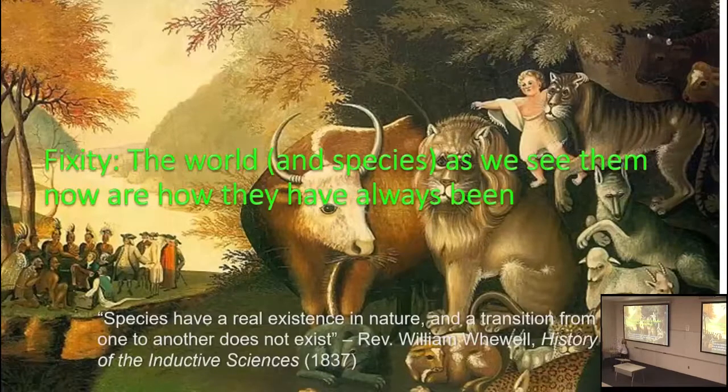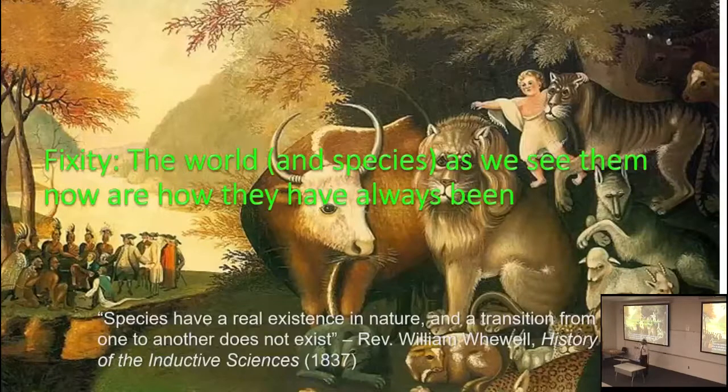And so even by the 1830s, and even by someone who knew well that the fossil record showed that there were creatures of the past that were different than today, still the thought that species were fixed was in the mindset of many people, including very well-educated people. So Reverend William Whewell, who, by the way, is the person who, at least in English, coined the word scientist.